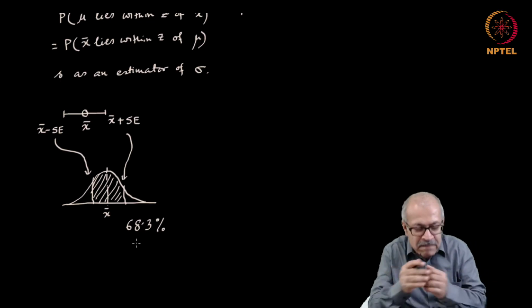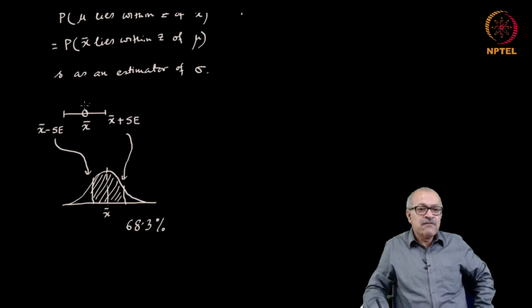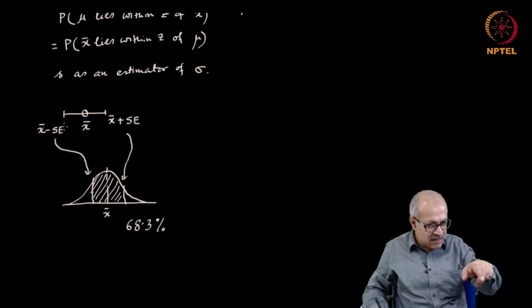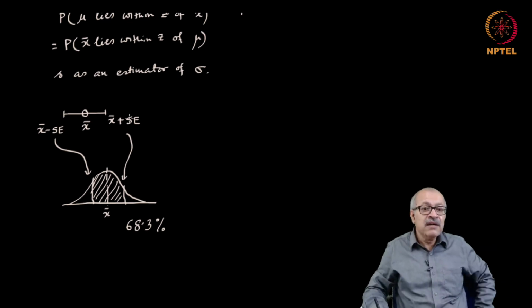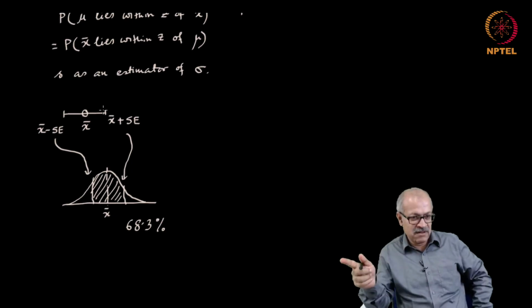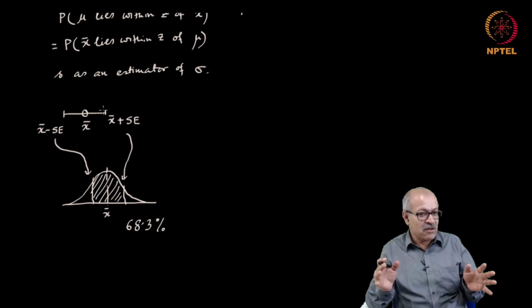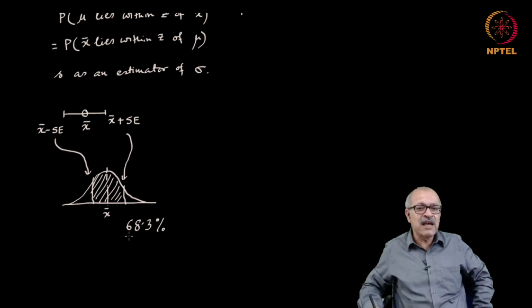What does that imply? It implies that if I define a range which is x bar minus the standard error, meaning the standard deviation divided by square root n, and x bar plus the standard error, then I can be certain that the actual mean will lie within this range, and I can state that with a confidence of 68.3%.